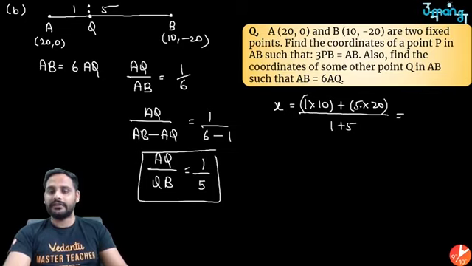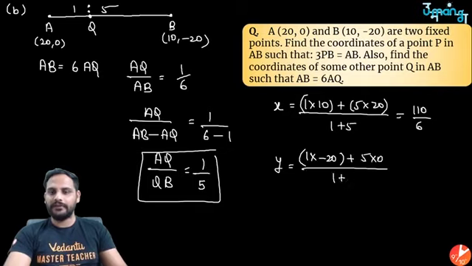So 5 into 20 is 100 plus 1 into 10 is 110, by 6. And the y coordinate will be (1 into minus 20 plus 5 into 0) divided by 1 plus 5, which is equal to minus 20 by 6.